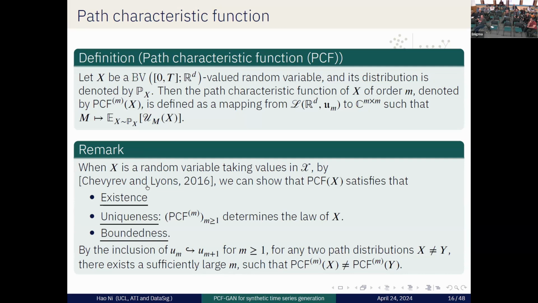The PCF of all orders can characterize the law of X, and it enjoys uniform boundedness. It's like the characteristic function for a vector-valued random variable.